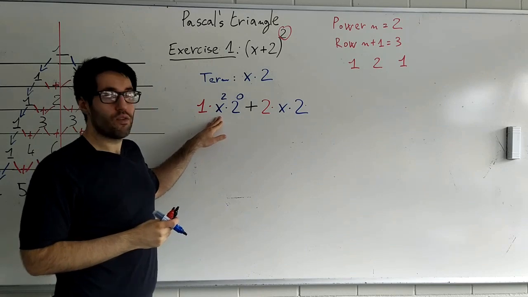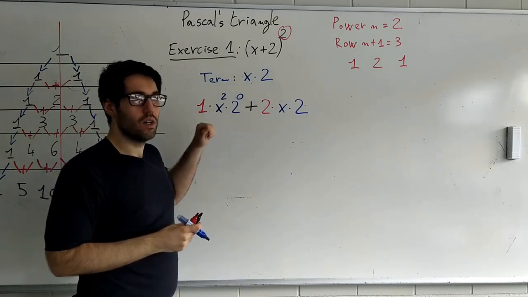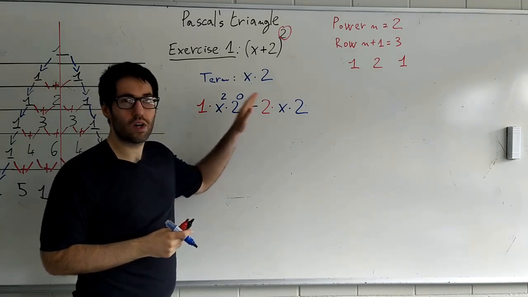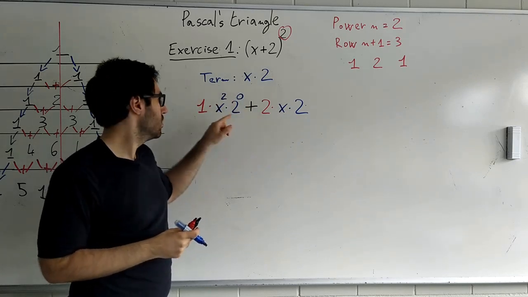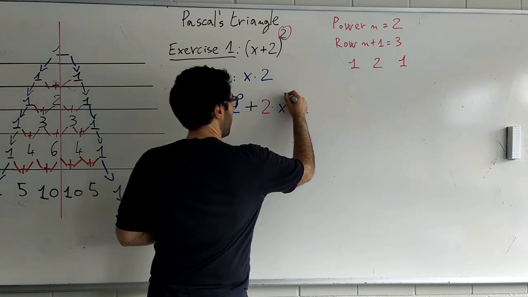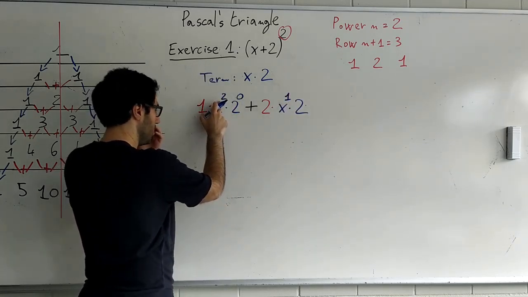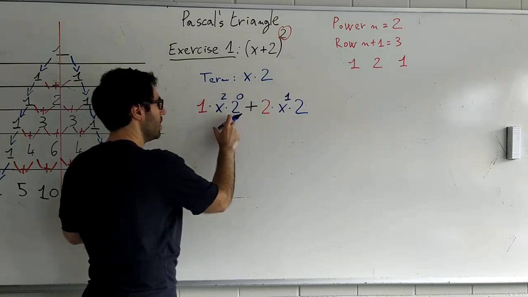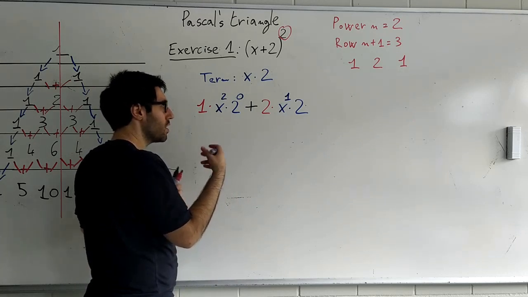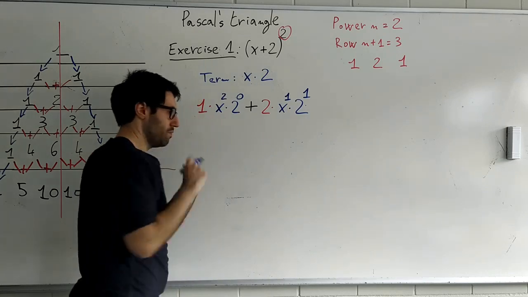The exponent for x diminishes by 1, becoming gradually less and less, while the exponent for 2 is instead going to increase. So if we have x to the power of 2 here, we're going to have x to the power of 1 here. You see? The exponent has been reduced from 2 to 1. Here we had in the first element 2 to the power of 0. That 0 is going to increase instead. So 2 to the power of 1 here.